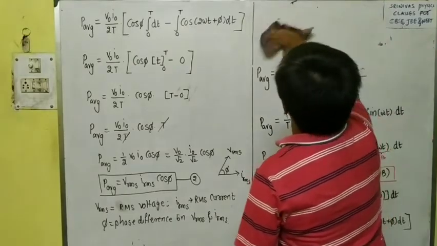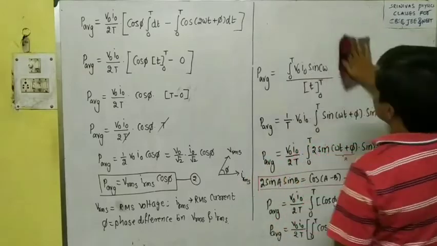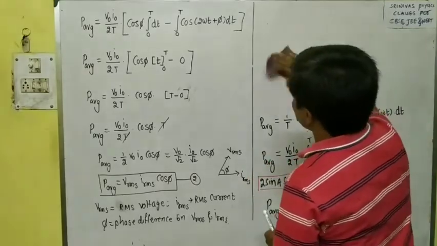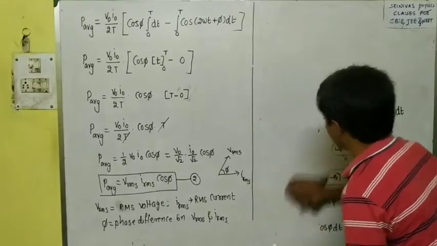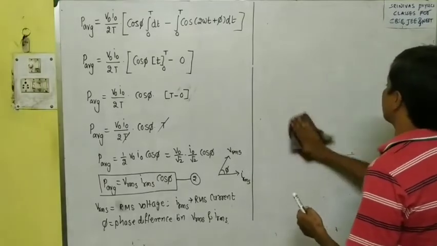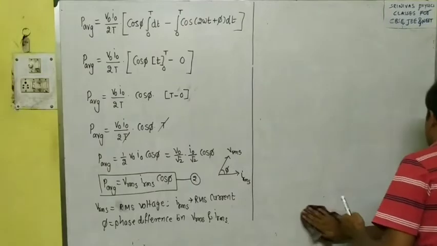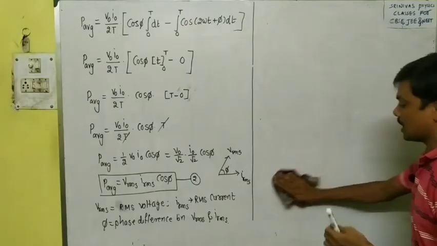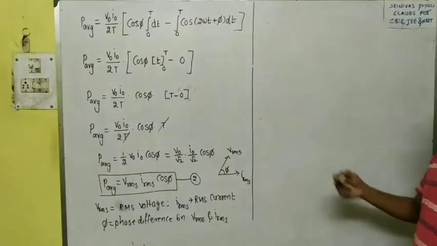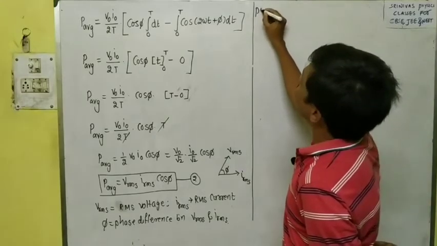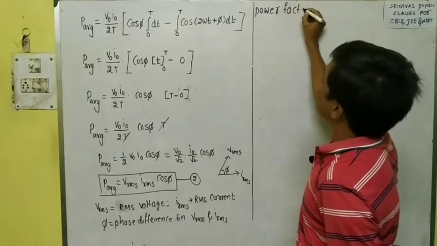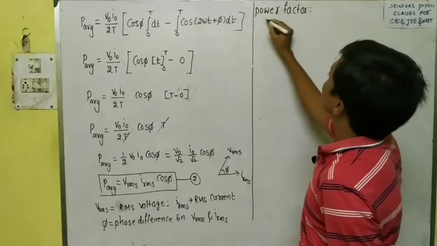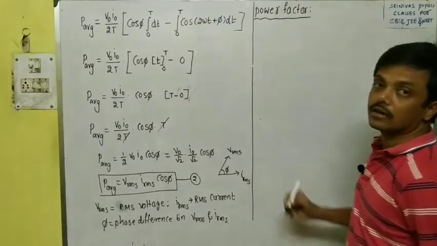Let us see here. I am going to explain something. What is cos phi in this average power formula? Cos phi is called the power factor, right? What is power factor?